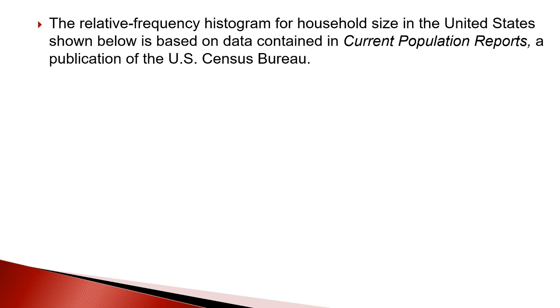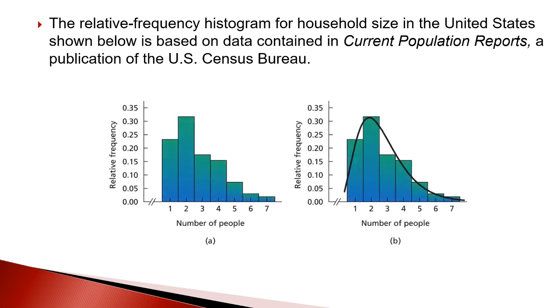As you can see in this slide, the relative frequency histograms for household size in the US were plotted with their smooth curves. This one seems like a right skewed distribution because most of the data are on the left side of the distribution, and there are some skewed data points on the right side, so we can call it a right skewed distribution.